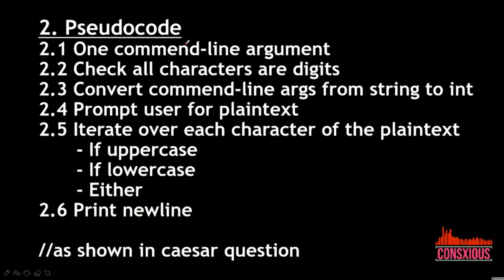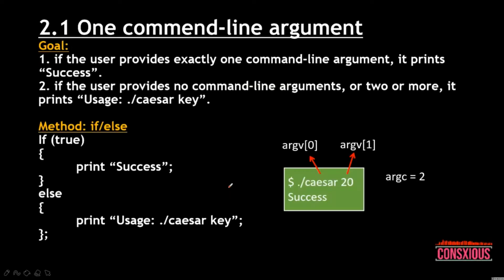So now we're gonna go through the pseudocode. I will explain one by one here. These pseudocodes we can find in the problem itself, in the hint section. First we're gonna have the one command line argument.